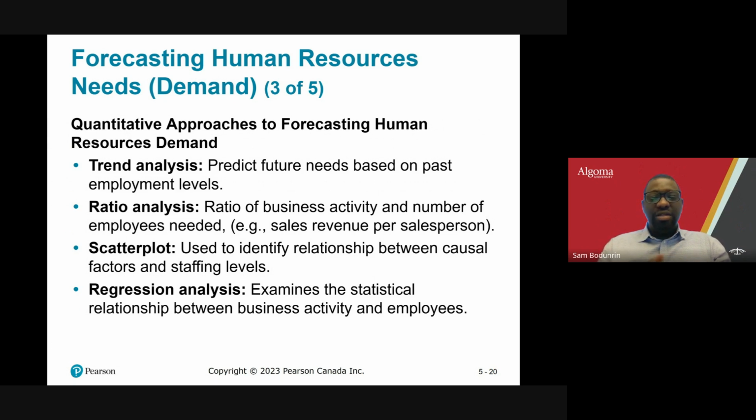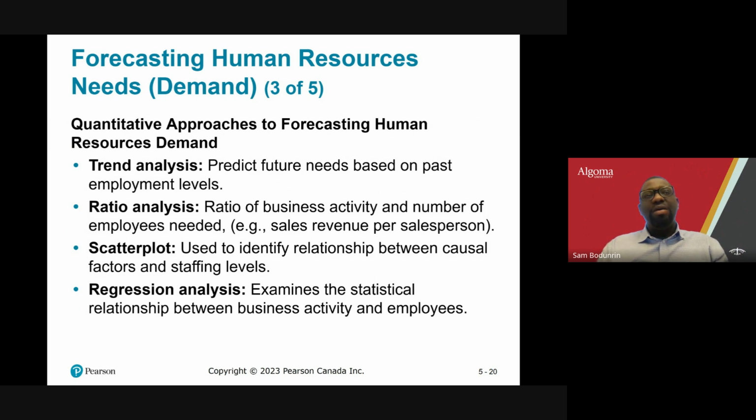Then we have the scatter diagram, a kind of graph that shows the relationship between maybe department and their staffing level. So you'll be able to see the concentration of where you have more staff and where you have lower staff. Then it's also useful because, okay, we have so much concentration of staff in this area, you can transfer some to where they need staff.